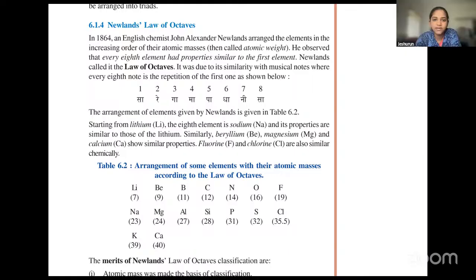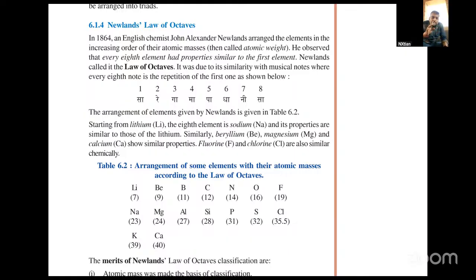Here it's given in the Carnatic scale. Okay. Now Newland, here it is written as Sa Re Ga Ma Pa Da Ni Sa, but Newland doesn't know Hindi.